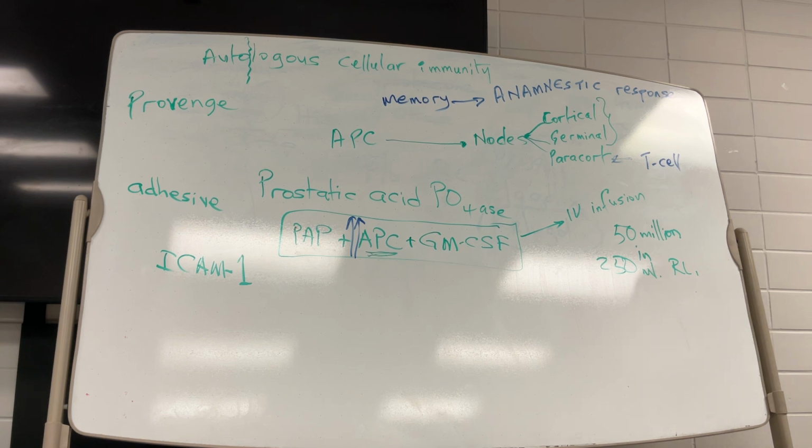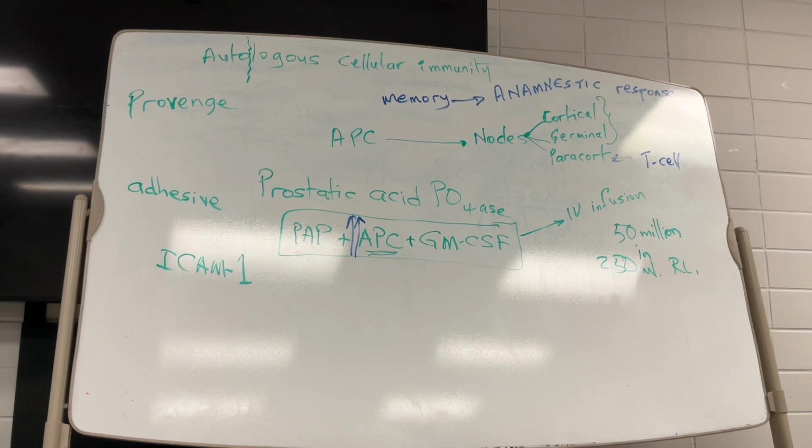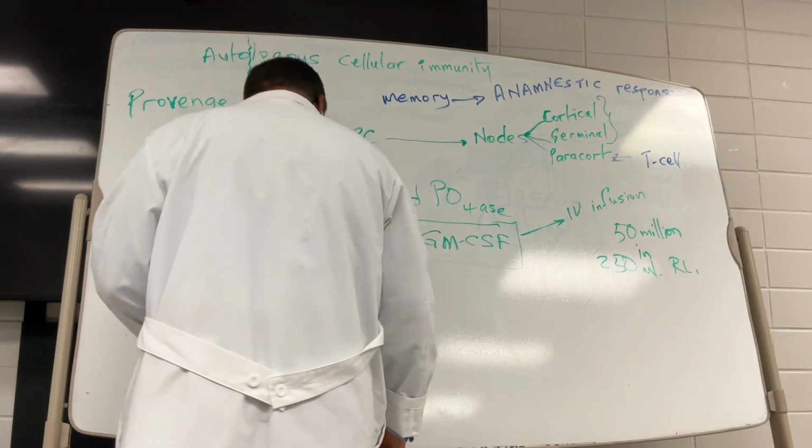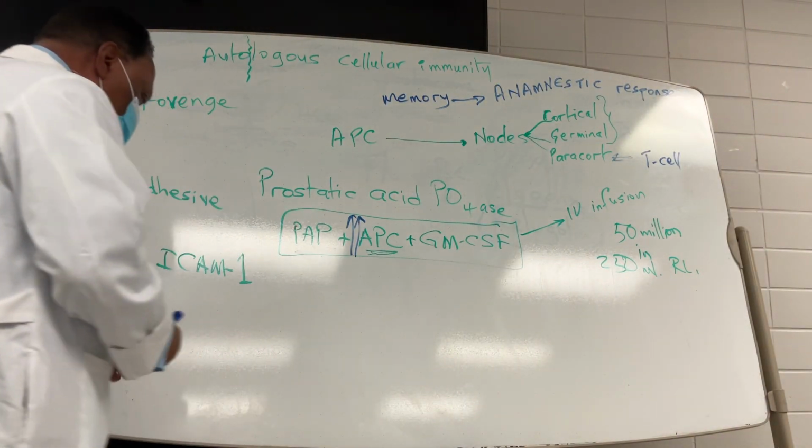An amnestic response basically means that your immune system is primed to attack that antigen the next time it comes. So you get an exaggerated response against that particular antigen. Okay. So that's what you will get with your Provenge.